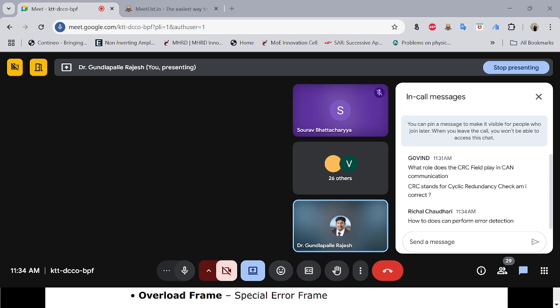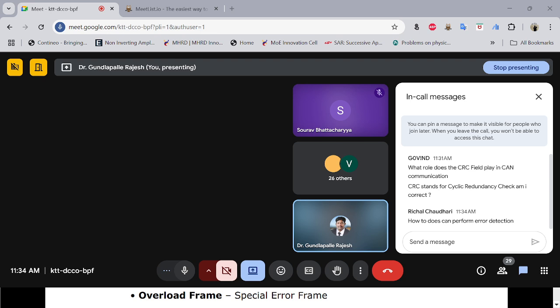Now they have added end of frame and the IFS field also, and bus idle fields also, so that the scan will be more secure. And for the remote frame, they have added the same: start of the frame, end of the frame, and after that IFS.